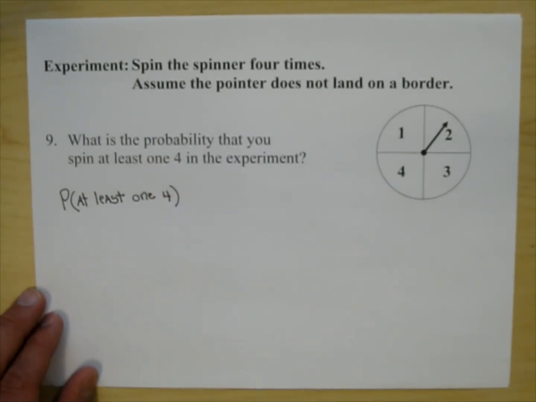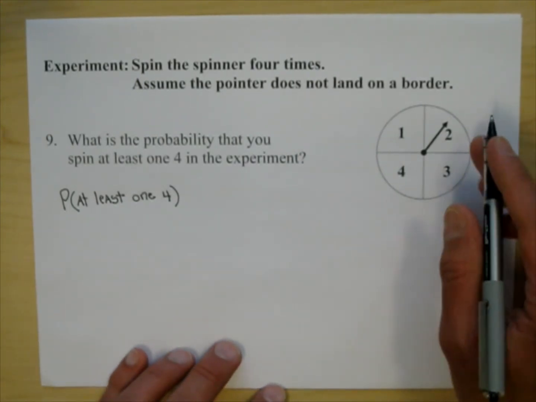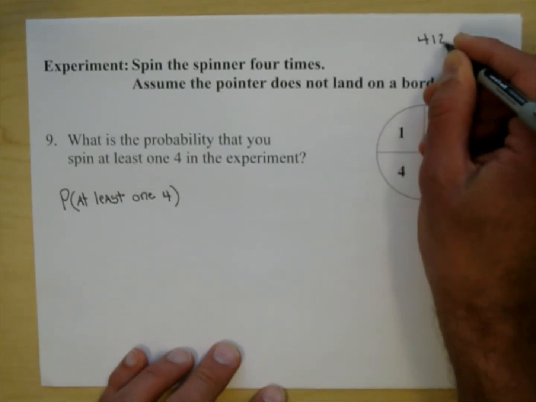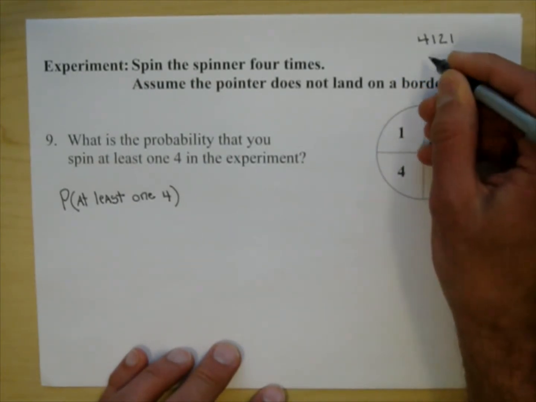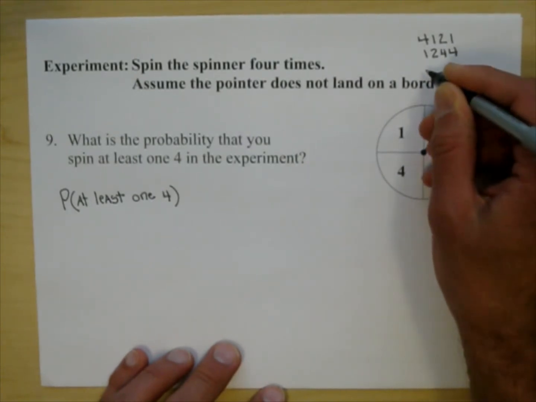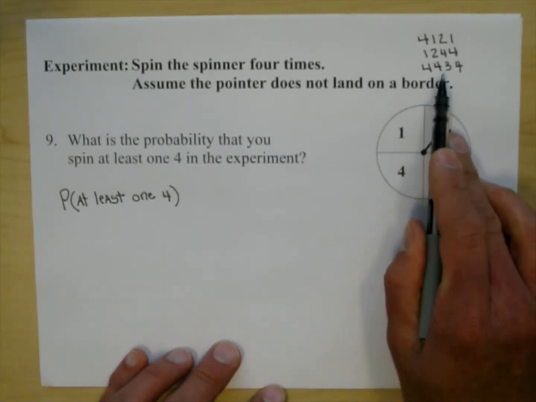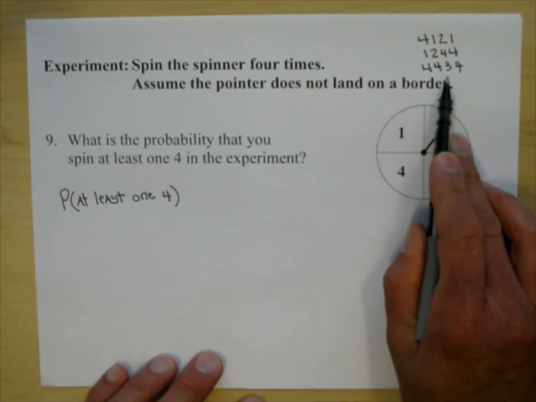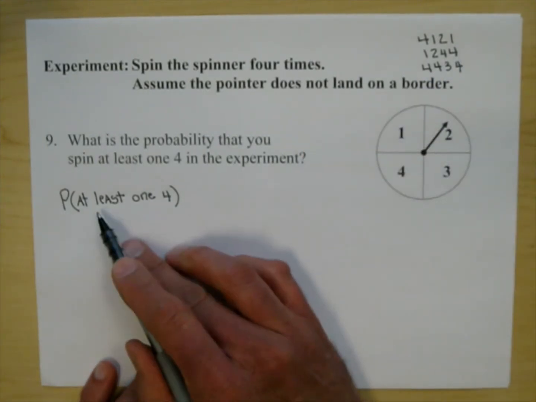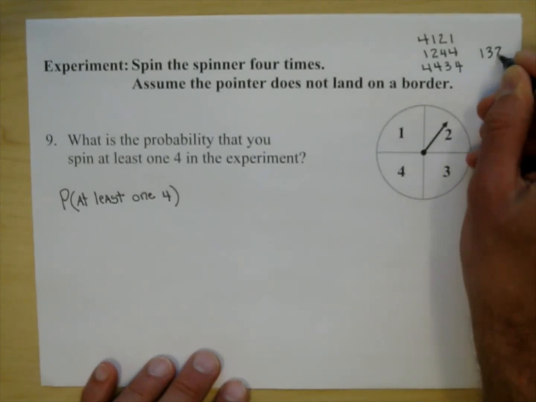Okay. So what does that really mean? The probability of at least 1 4, it means 1 4 or more. So it could be like 4 1 2 1, or 1 2 4 4, or 4 4 3 4. Those are things that we would want. Things that we would not want is something that wouldn't have 4s, like 1 3 2 1.